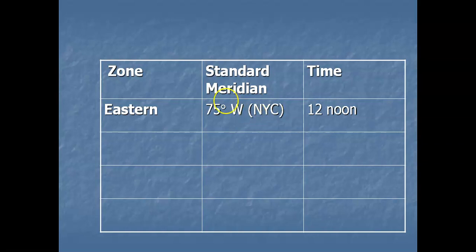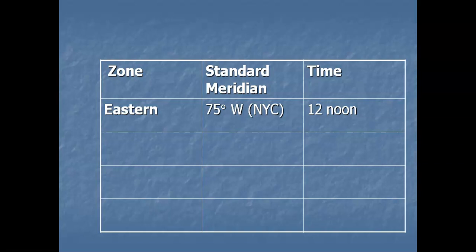Now, we're just going to pretend that it's noon in New York City. This is just an example. Now we're going to move west. The next time zone west is the Central time zone. What you need to know is what the Central time zone is centered on.